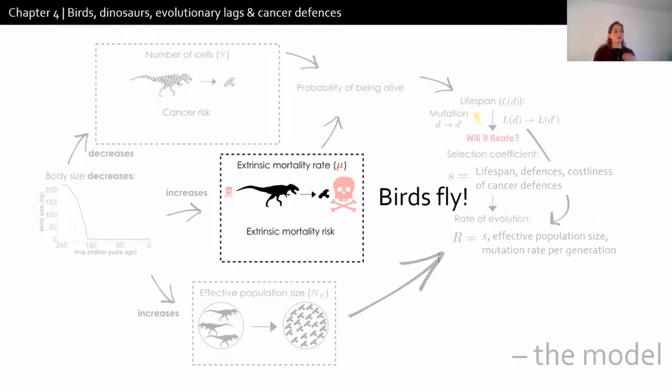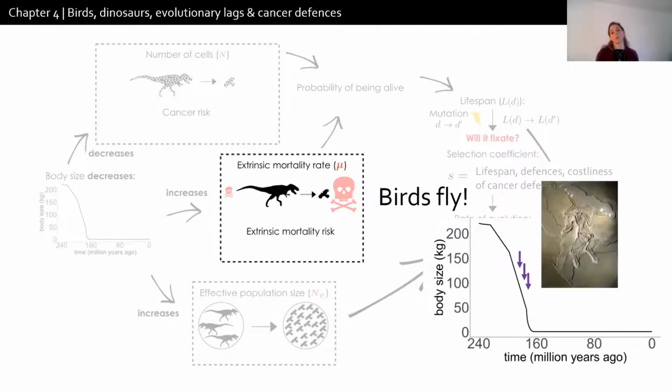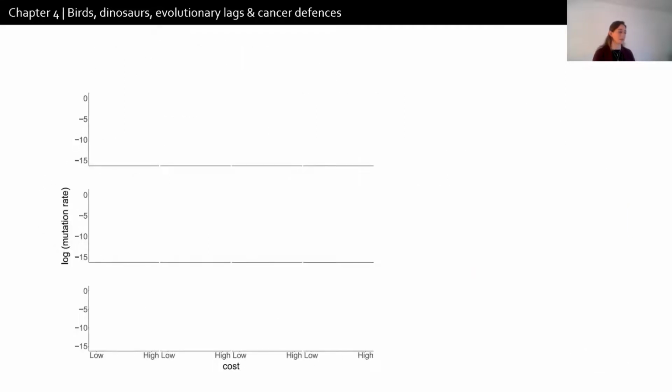And that's why we implemented another version of this model where we allowed birds to fly, and this flight innovation reduces extrinsic mortality risk at the point that it happens. And we selected these points basically thinking about Archaeopteryx, which was one of the ancestors of the birds we see today. And I'll show the results for only one of these time points.